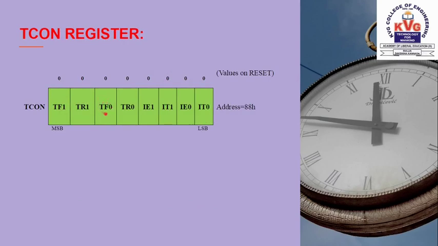This is called the overflow flag for timer 0. TF0 and TR0 are for timer 0. So TR0 is used to start. When you make this 1, the timer starts. When it reaches the maximum count, the overflow flag TF0 becomes 1.